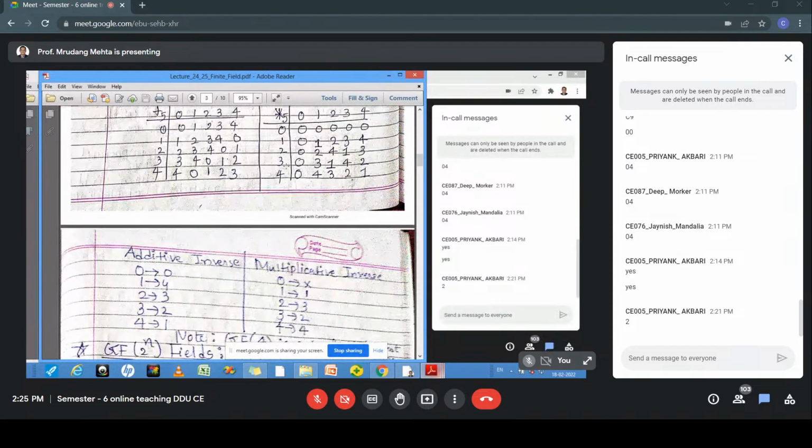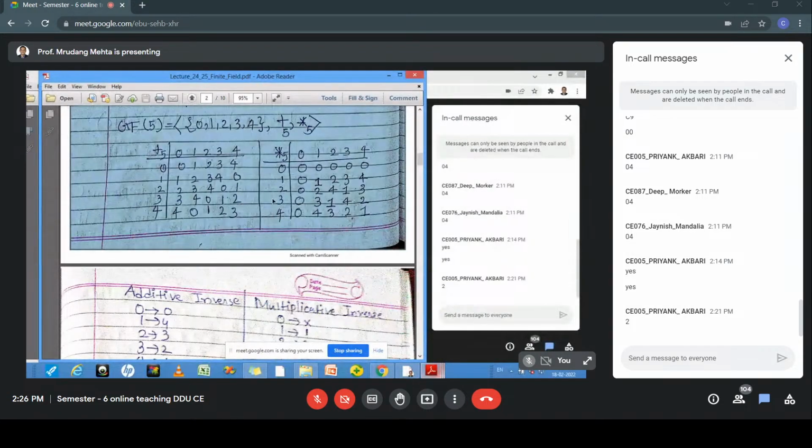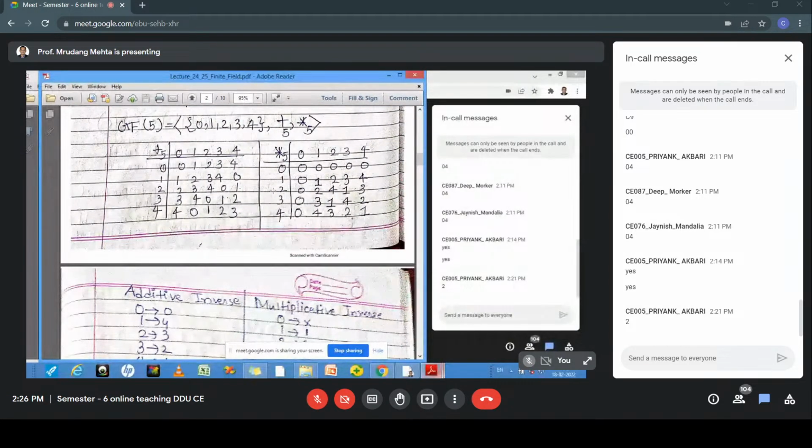But for 1, we have multiplicative inverse 1. 2, we have multiplicative inverse 3. 3, multiplicative inverse 2. And 4, multiplicative inverse 4. But it is allowed not to have the 0th multiplicative inverse as per the definition that first operator's inverse is not needed; if it is not available, then it is fine.